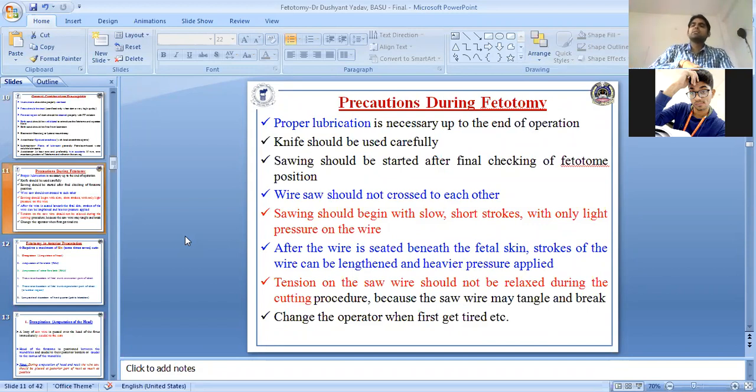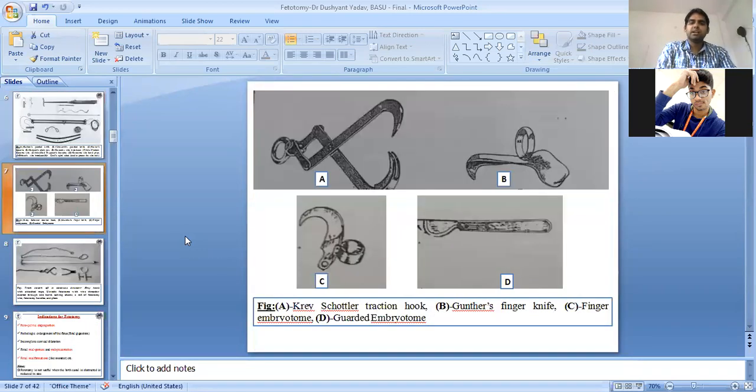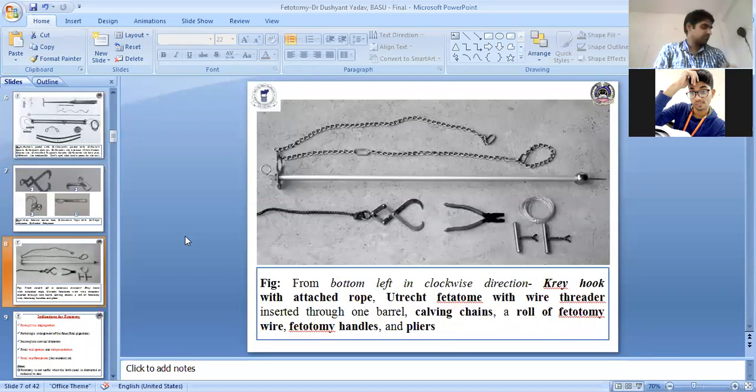When we anchor the phytotome wire inside the leg or head or other parts, after that we give the stroke to the wire with the help of the handle. These are the handles.